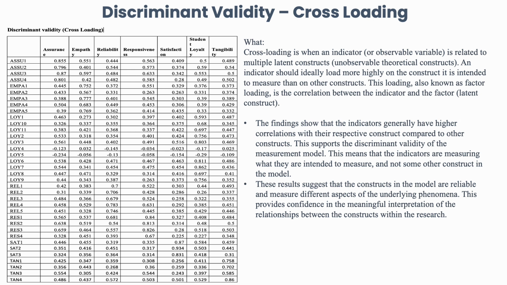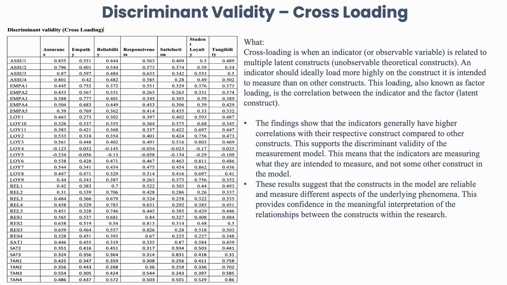Now, cross-loading is when an indicator or observable variable is related to multiple latent constructs, or unobservable theoretical constructs. An indicator should ideally load more highly on the construct it is intended to measure than on the other constructs. Now, this loading, also known as factor loading, is the correlation between indicator and factor.